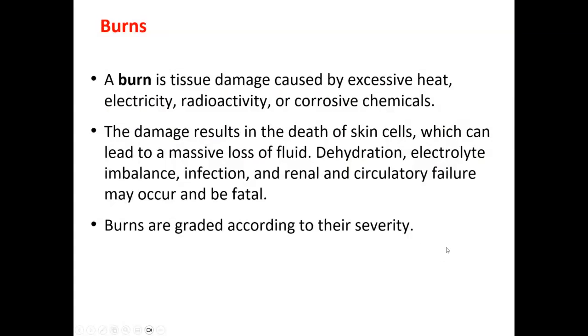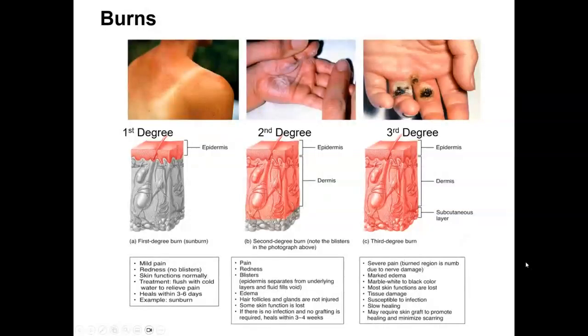Okay, burns. Burns can be from fire or heat or electricity or chemicals. And they are graded first, second, third, even fourth degree. But that depends on the depth, how deep the burn is.